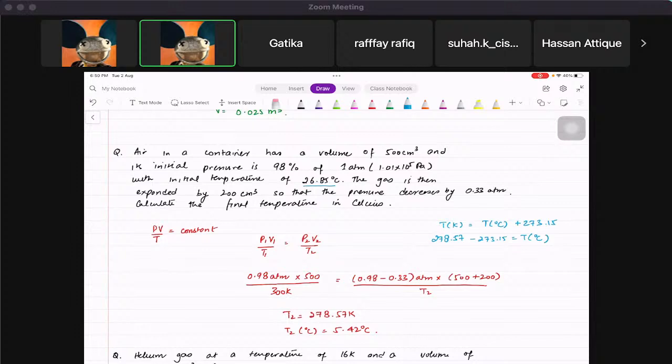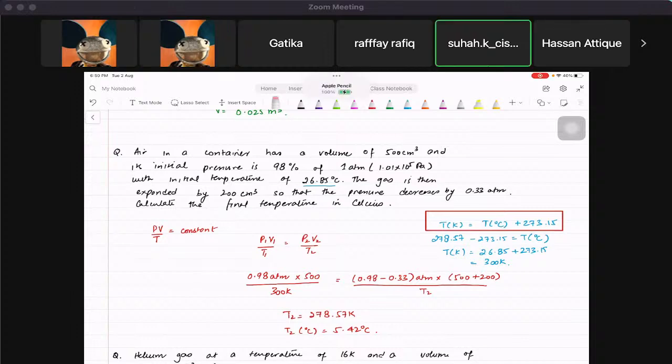So we want to find Kelvin now. So Kelvin equals to temperature in Celsius, 26.85, plus 273.15, which is equivalent to 300 kelvins. Oh, right. This is the main equation, this is what we're using every single time. All right. I got it. That's why I said my silly question.